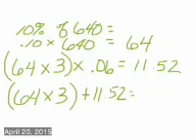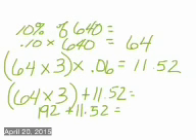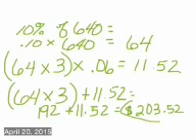A little bit more than that. 192. So 192 plus $11.52 is how much money? $203.52. So whatever that happens to be.